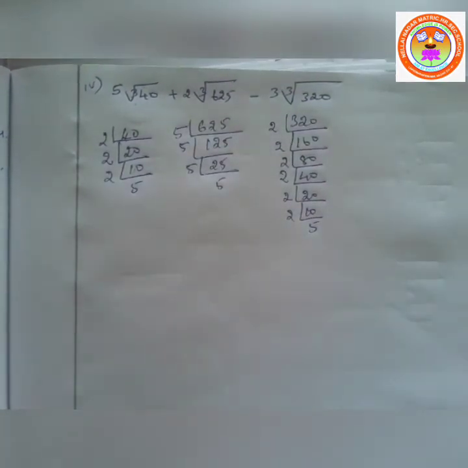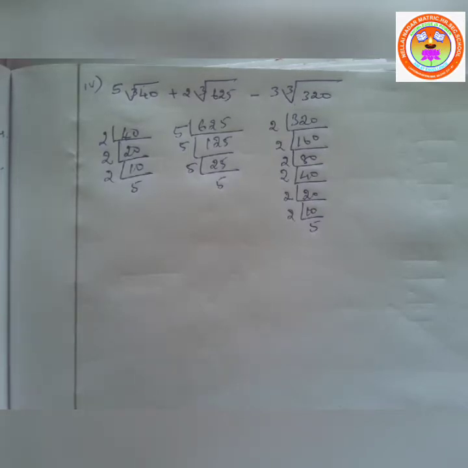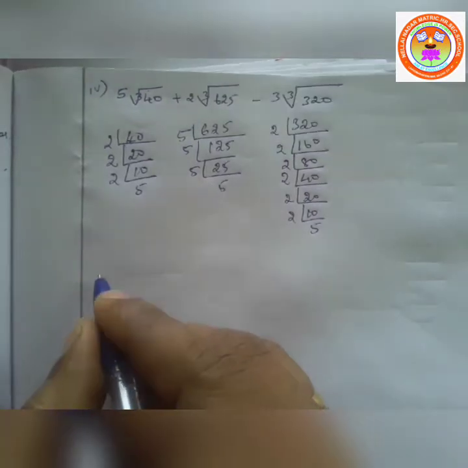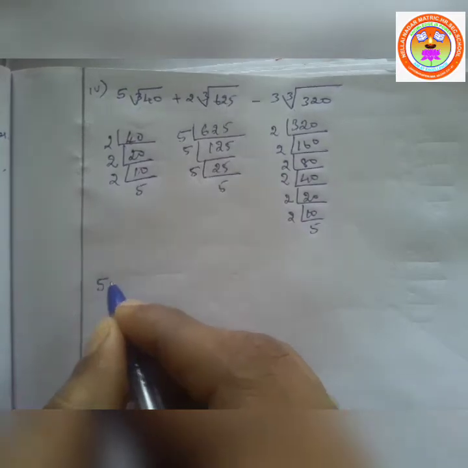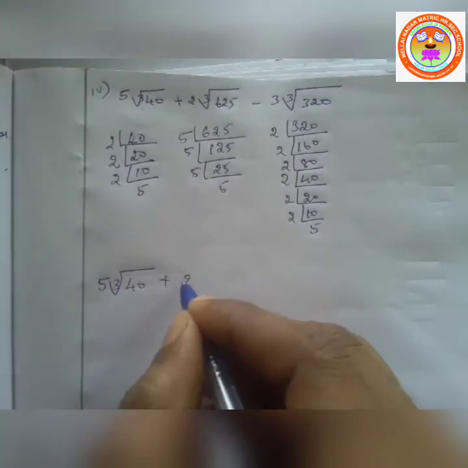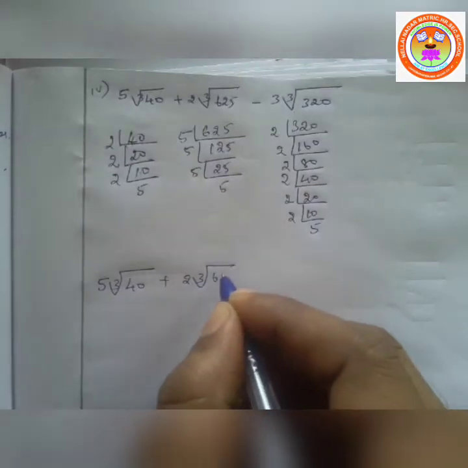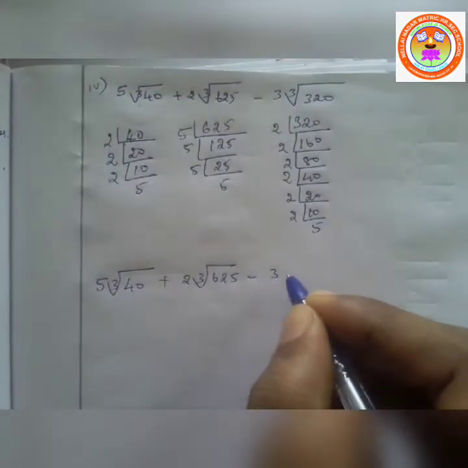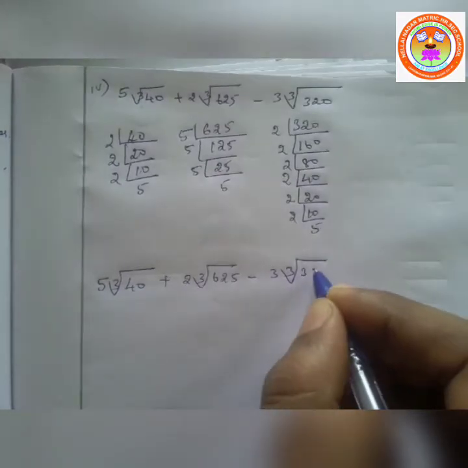So first step, you have to find the prime factorization of all the numbers 40, 625 and 320. The next one, 5 cube root of 40 plus 2 cube root of 625 minus 3 cube root of 320.